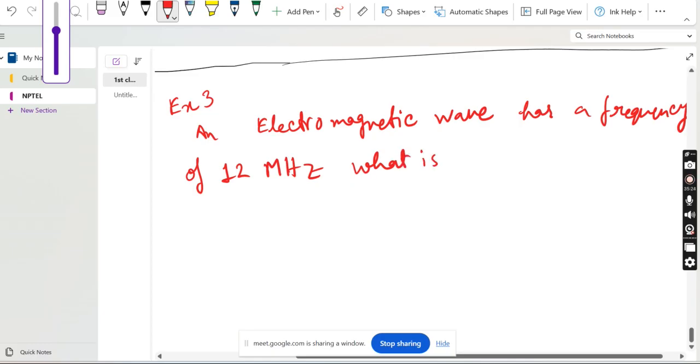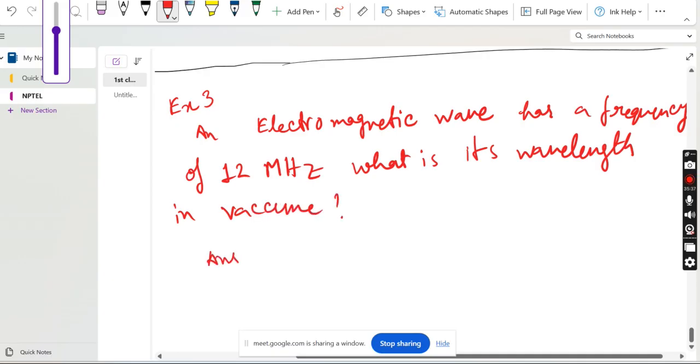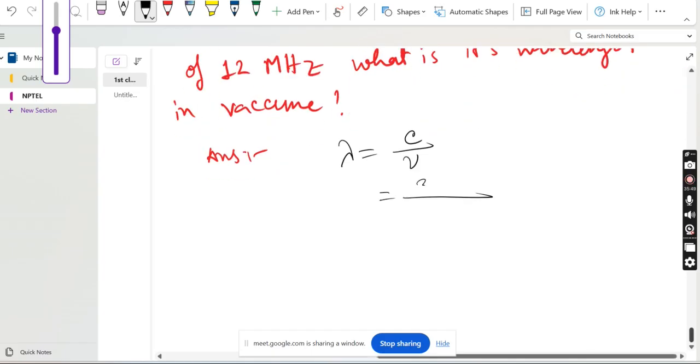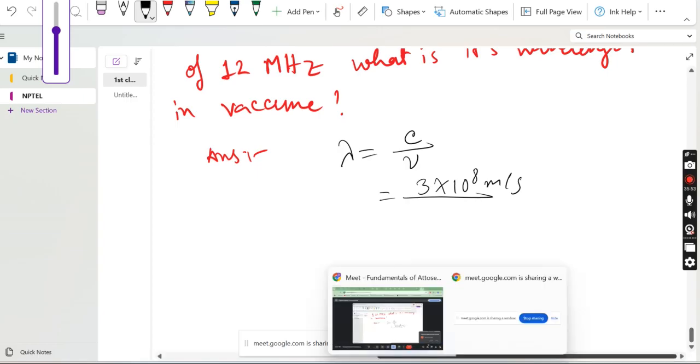What is its wavelength in vacuum? So it is a very easy and straightforward question: the frequency is given and we need the wavelength. So we know lambda is c by nu. So this is 3 × 10 to the power 8 meter per second.